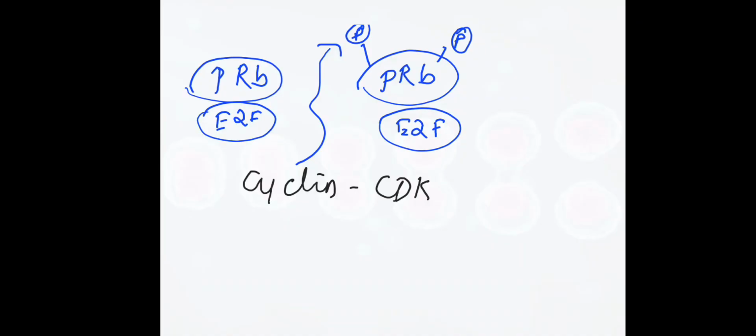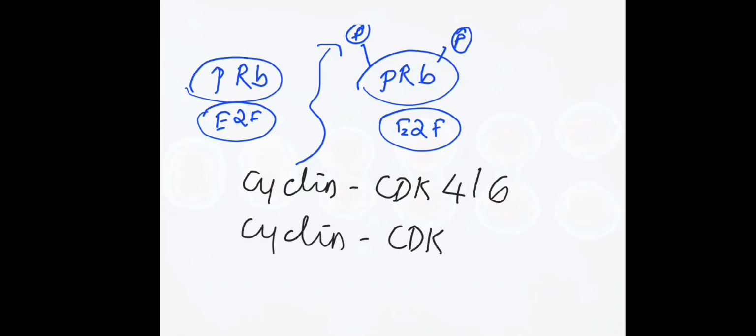Which cyclin CDK? Cyclin D CDK 4 or 6, and cyclin E CDK 2.